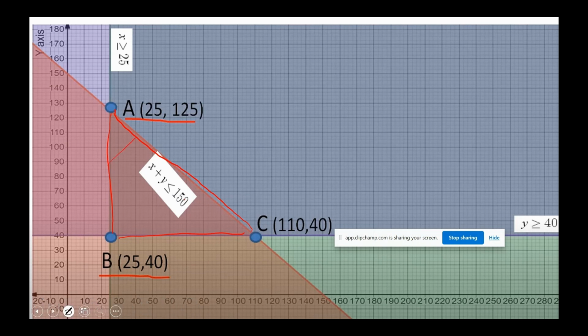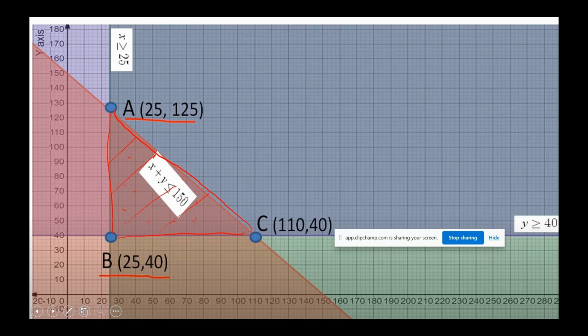This is the region we are looking at, and this region is called the feasible region. In this feasible region, any point will fulfill the three constraints.